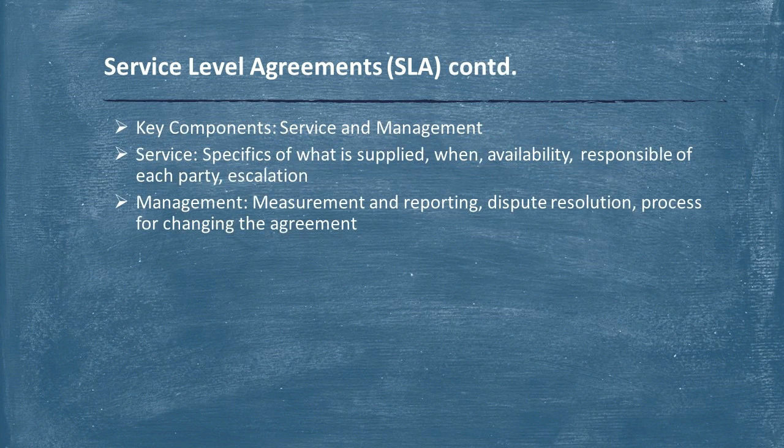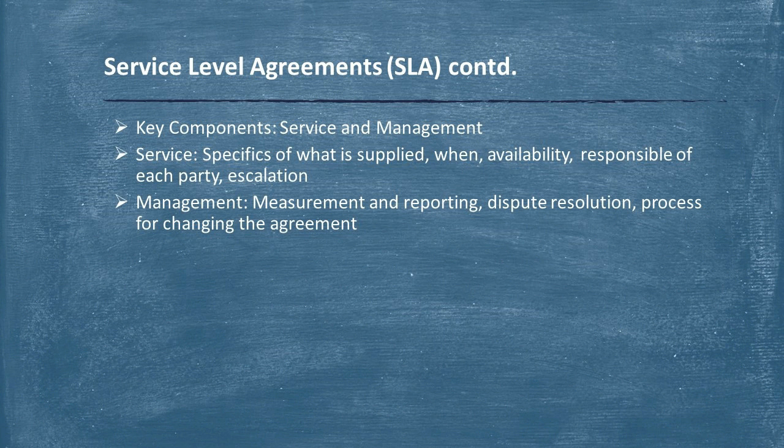What are the key components of an SLA? One is the service and another is management. Service includes what is supplied, when it should be supplied, availability, responsibility of each party, escalation process, metrics, and things like that.